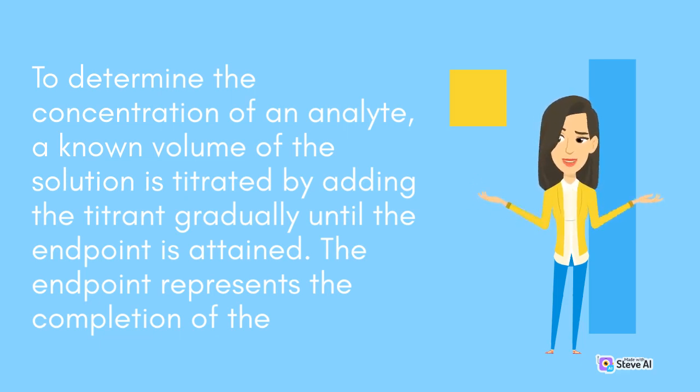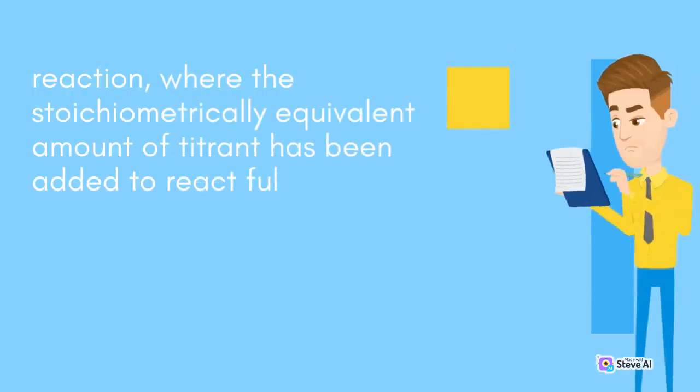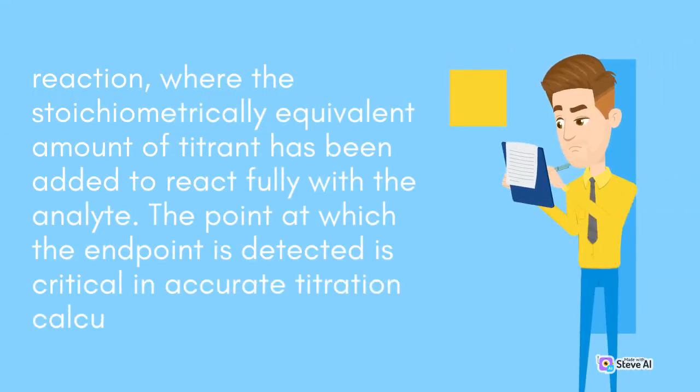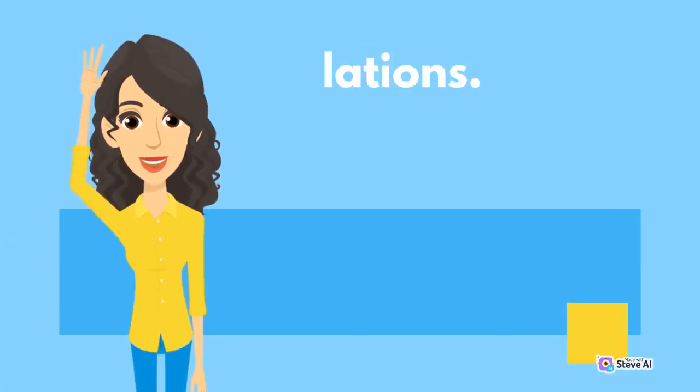The endpoint represents the completion of the reaction, where the stoichiometrically equivalent amount of titrant has been added to react fully with the analyte. The point at which the endpoint is detected is critical in accurate titration calculations.